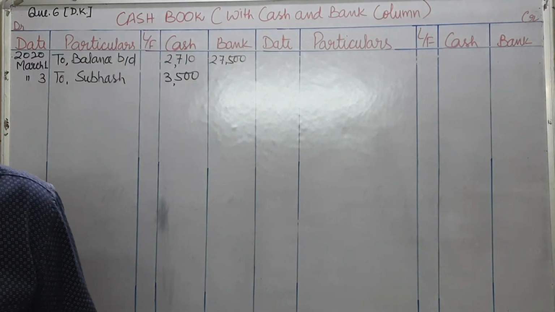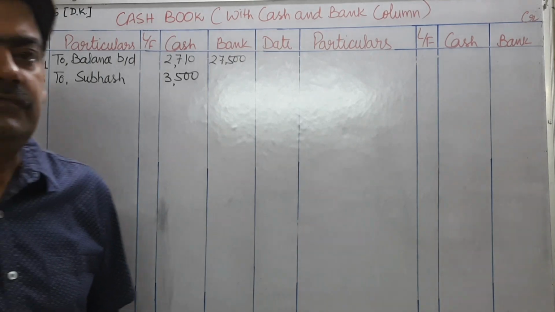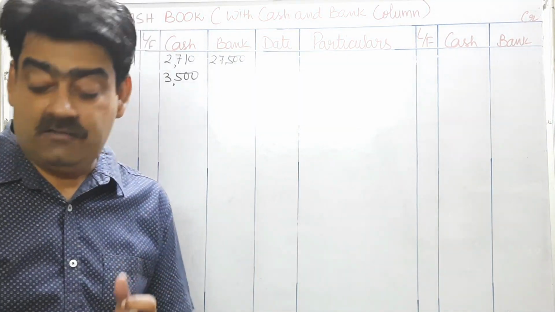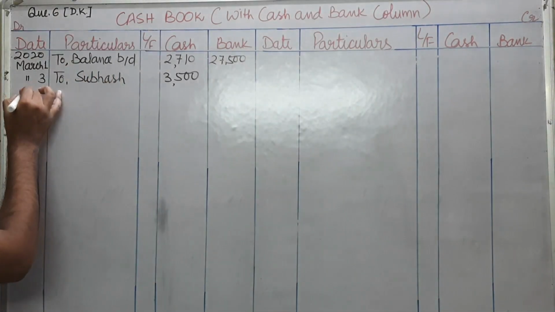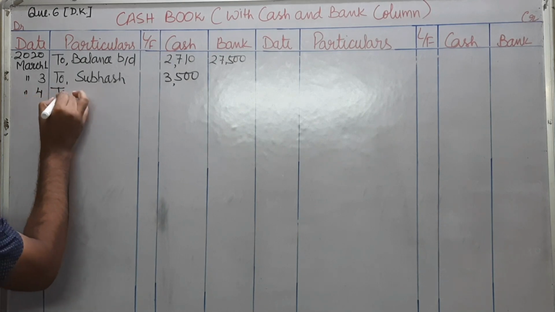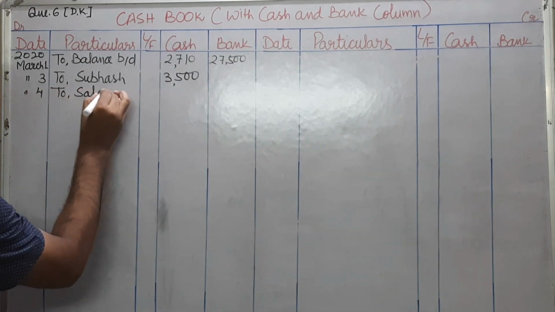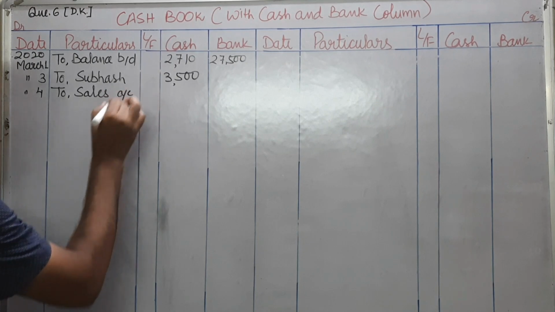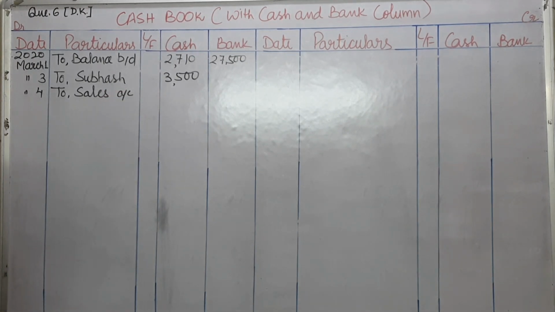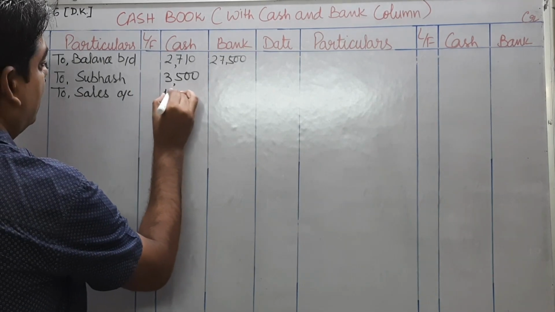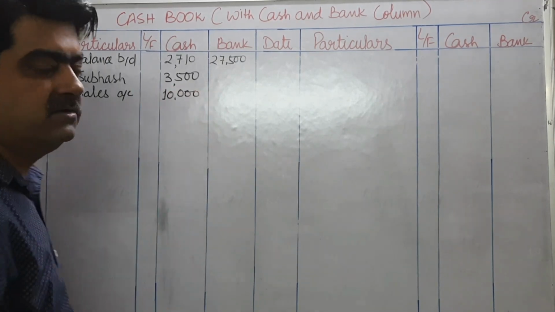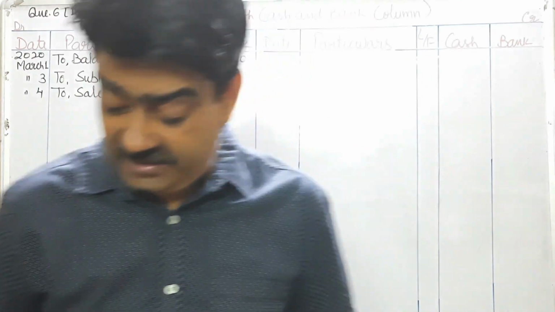Next is March 4, sold goods for cash. Entry will be cash account debit to sales. So the treatment will come in the debit side to sales account, and this time we are receiving 10,000 rupees. Again the amount will come in the cash column because this is also our cash sale.